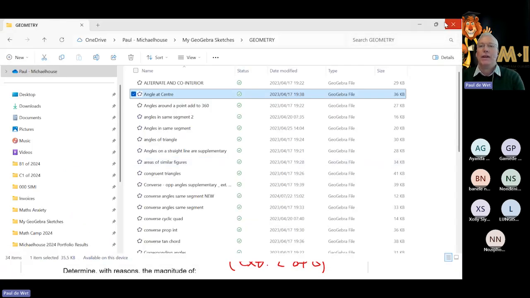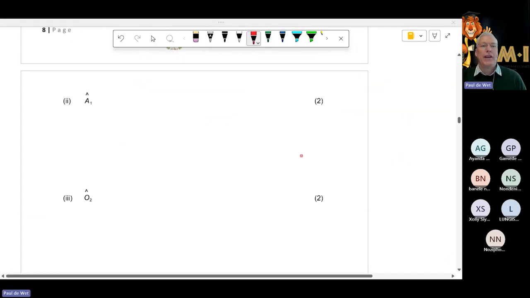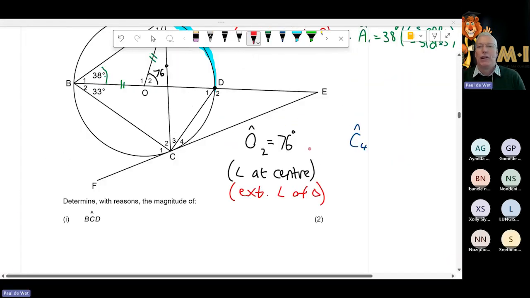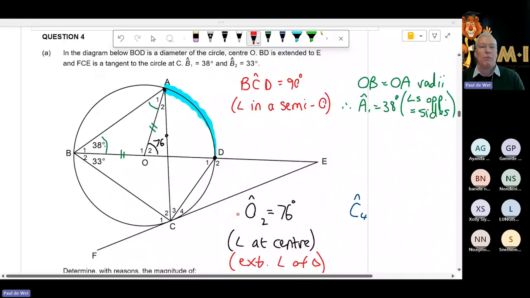Right, what's the last one we're doing? C4. Yeah, well done. C4 is 33 degrees, tan chord. I know you can't do this in an exam, but I want to show you in geometry what you want to be doing.